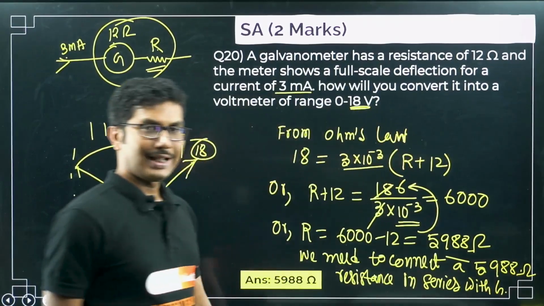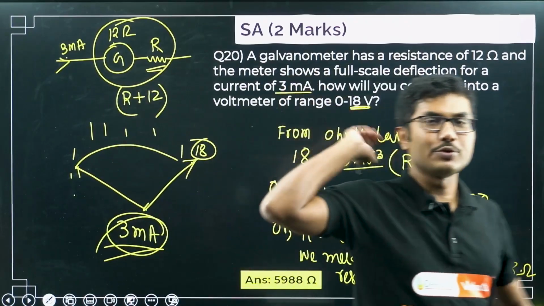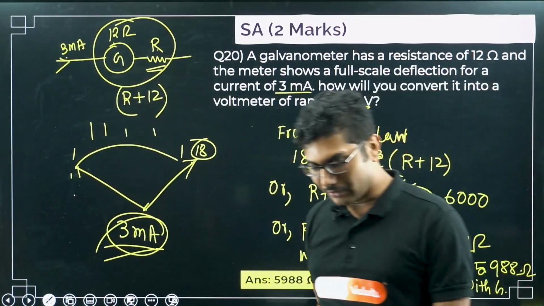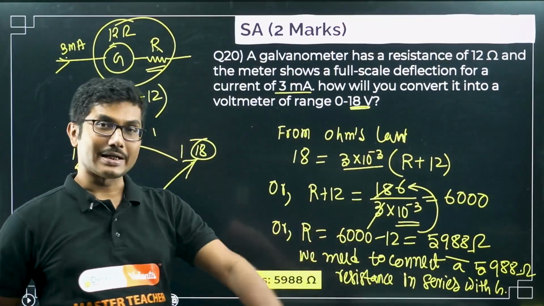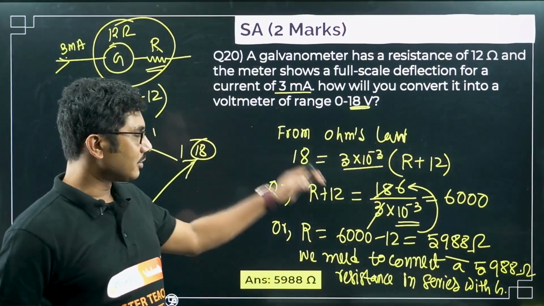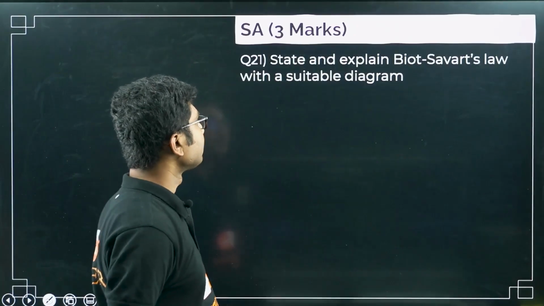Okay, with the galvanometer. That is the answer. Or if you explain that in the first, that let us suppose we add R value resistance in series with the galvanometer, then after that if you calculate R, that is also fine. Or you solve it and at the end if you add, that is also fine.